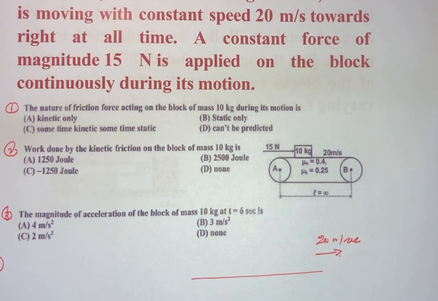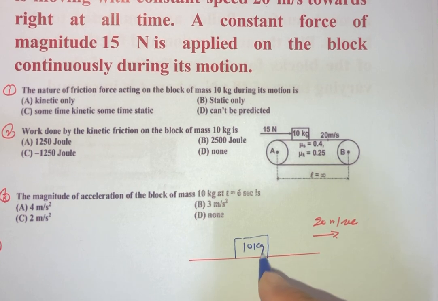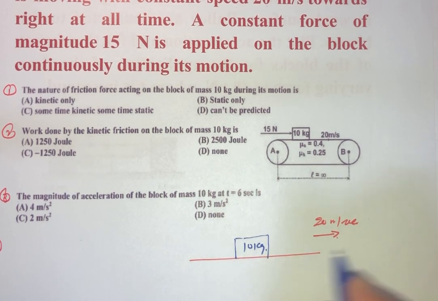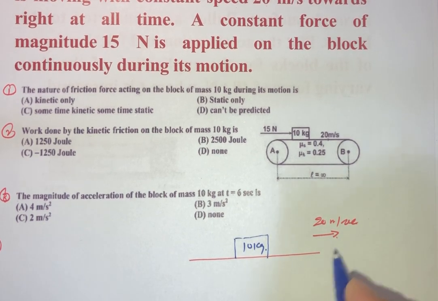As soon as the block of mass 10 kg is kept on it, the conveyor belt will try to move this block in the right direction, which is the direction it is already moving.